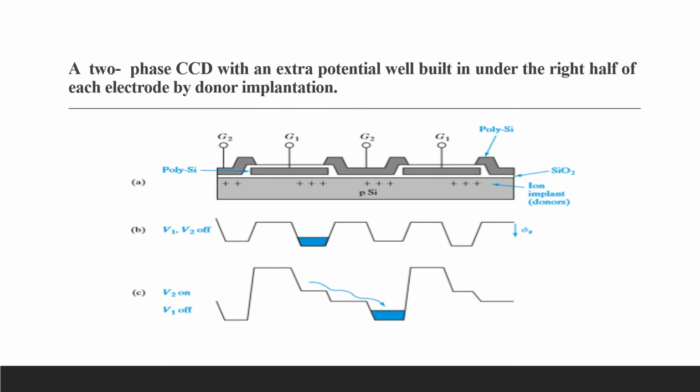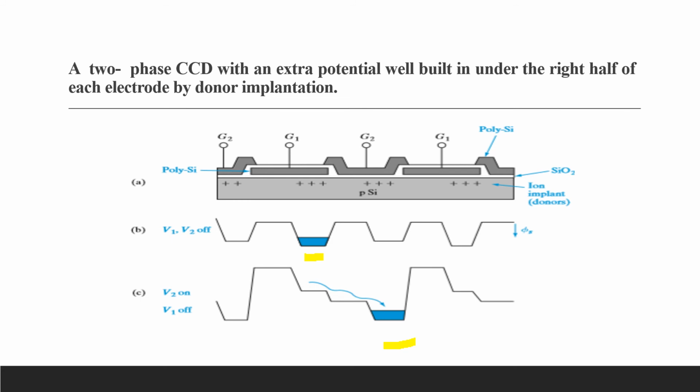With electrode G2 pulled positively, the charge packet shown here in B is transferred to the deepest well under G2, which is its implanted region, as C indicates, like here.